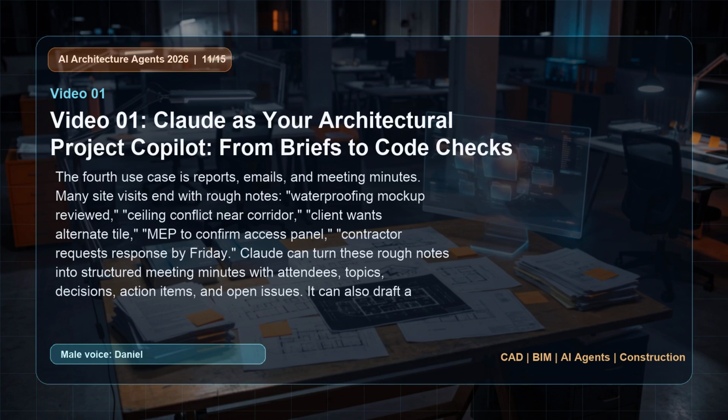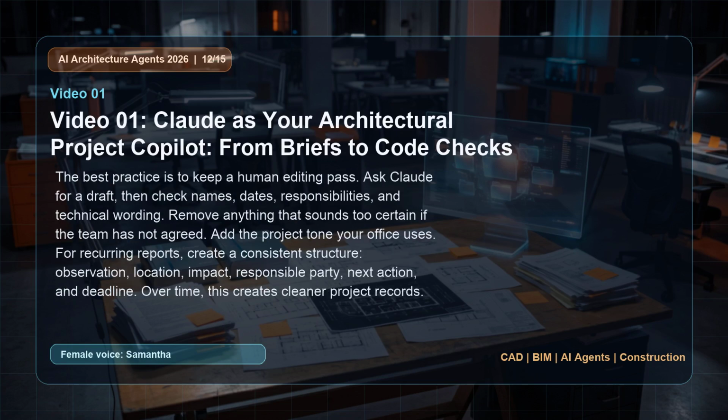This is especially helpful when a technical person knows what happened but does not want to spend 30 minutes polishing the language. The best practice is to keep a human editing pass. Ask Claude for a draft, then check names, dates, responsibilities, and technical wording. Remove anything that sounds too certain if the team has not agreed.